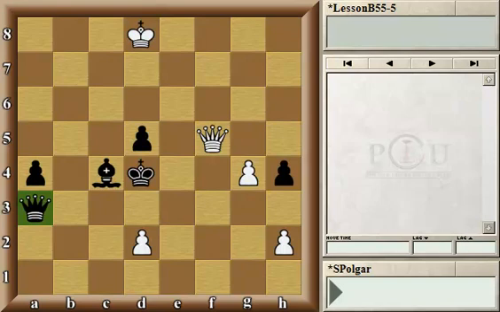However, in all the examples we'll see in this lesson, that will not be the case. If you find the correct sequence of checks, you can win the enemy queen.